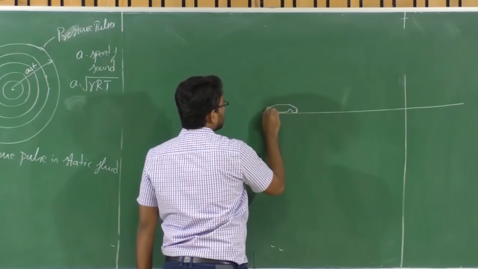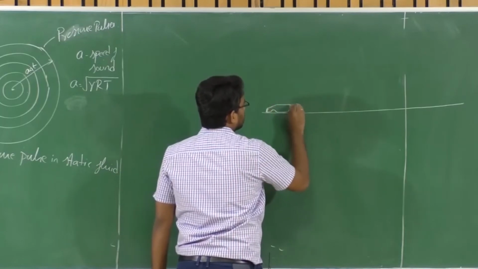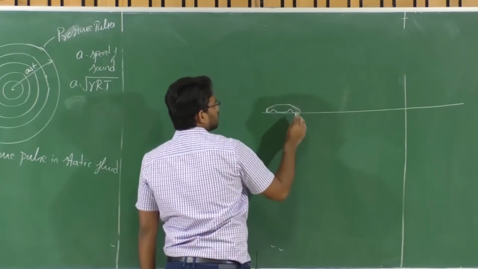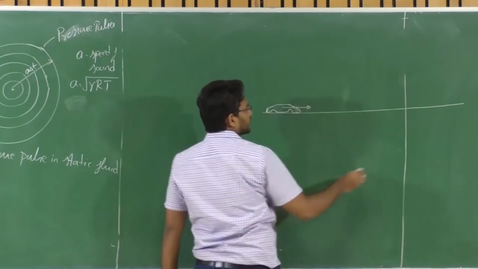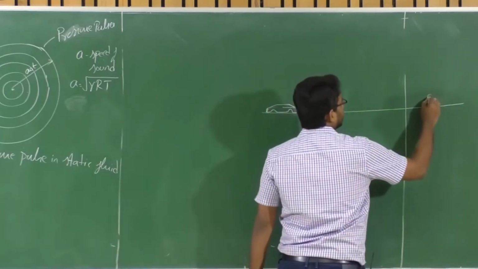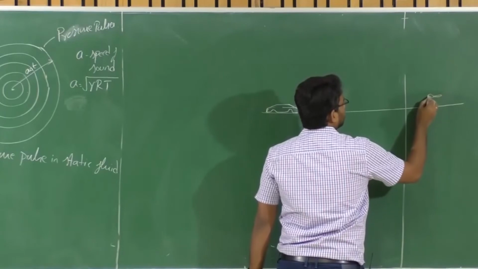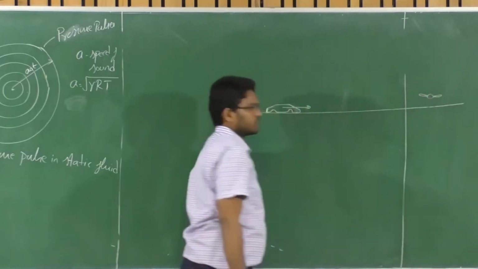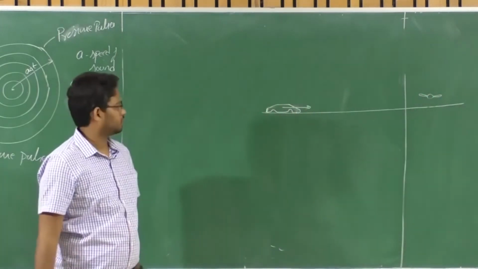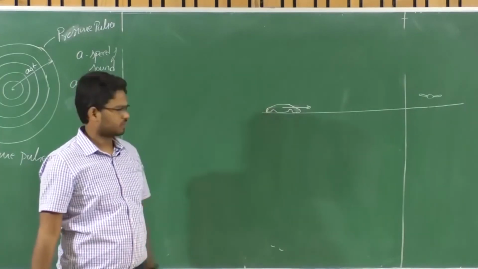So say you are moving in this particular direction. Let us say there is a bird which is flying here, far ahead of this car, right?